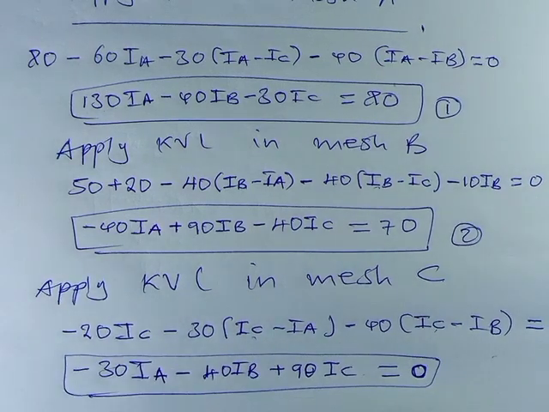Now the question is, how do you handle the same three equations? The calculator is going to give us a straightforward answer if we make a 3 by 3 matrix. How do you make the same 3 by 3 matrix?